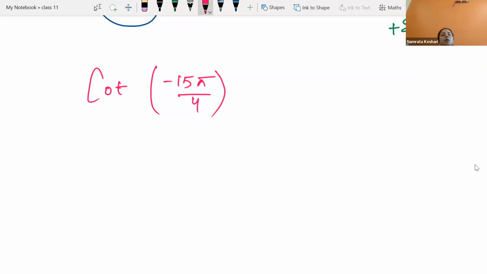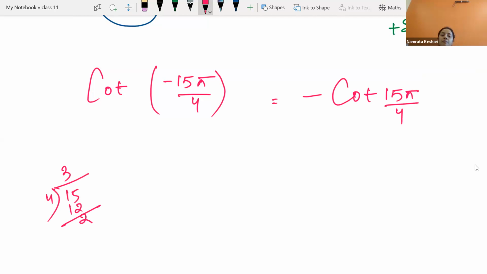As we know, cot of minus theta will be minus cot. Now we will be doing the division. 4 will divide 15. 4 3 times 12. Remainder is 3. We will be getting the mixed form as 3 3 by 4. That means 3 plus 3 by 4. That means 3 pi plus 3 pi by 4.